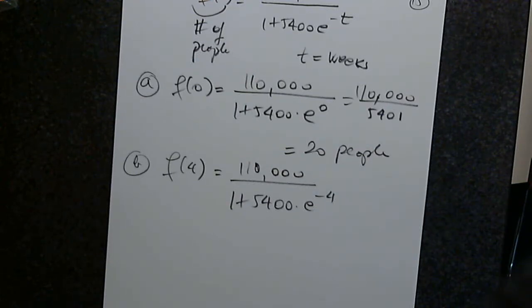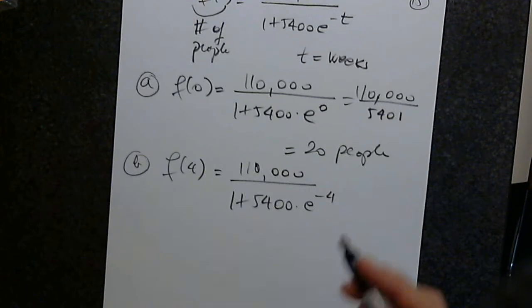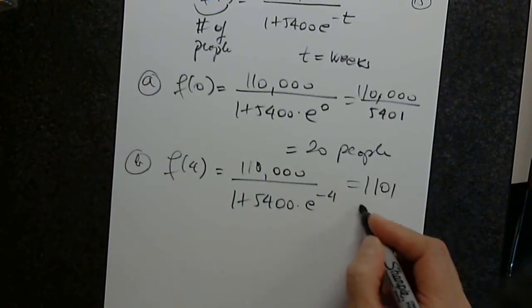So 110,000 divided by, in parentheses, 1 plus 5400 times e to negative 4. Close the parenthesis for the power and close the parenthesis for the denominator. And at the end of the fourth week, 1,101 people.